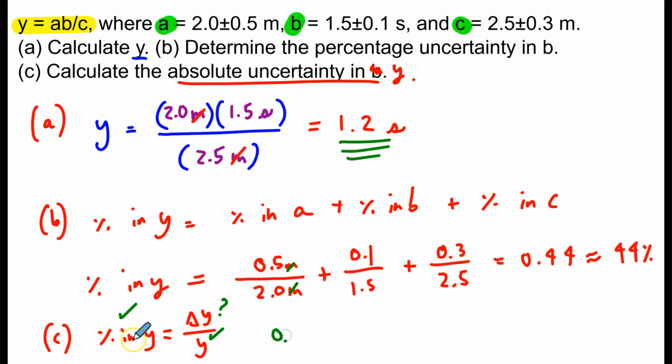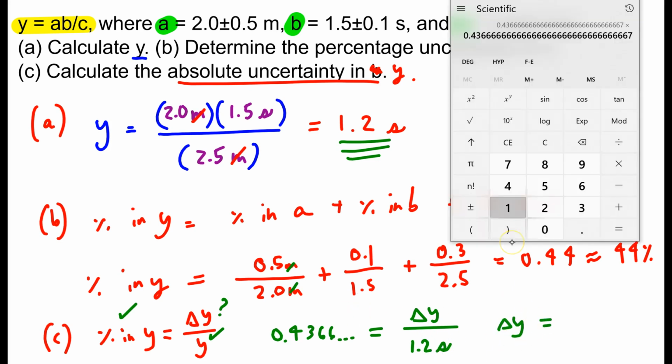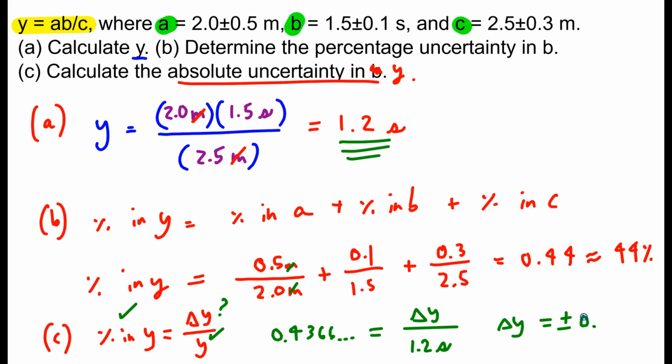Okay, so let me put this back into a decimal. 0.4, what was it, 36, dot, dot, dot, is equal to the absolute uncertainty over the measurement of Y itself, which comes to 1.2 seconds. We cross multiply, and we get a final answer of 0.5, plus or minus 0.5. The absolute uncertainty has units, and we give it 1 sig fig. We are done.